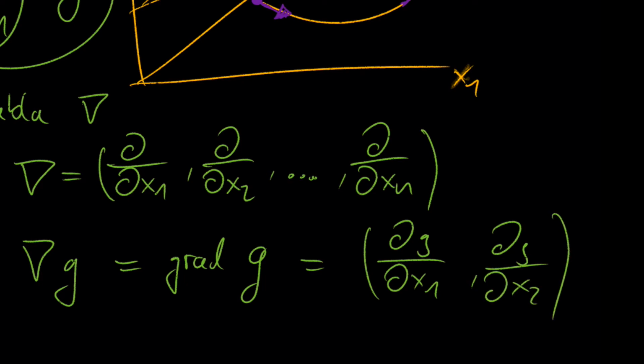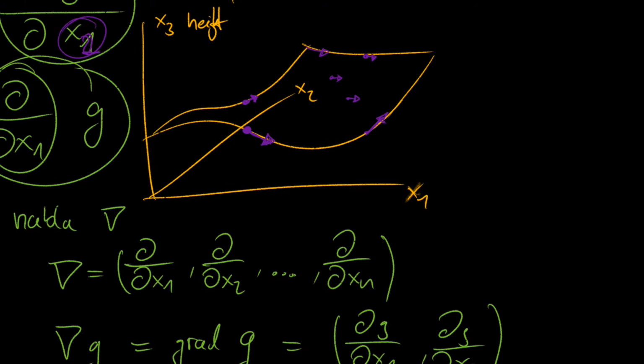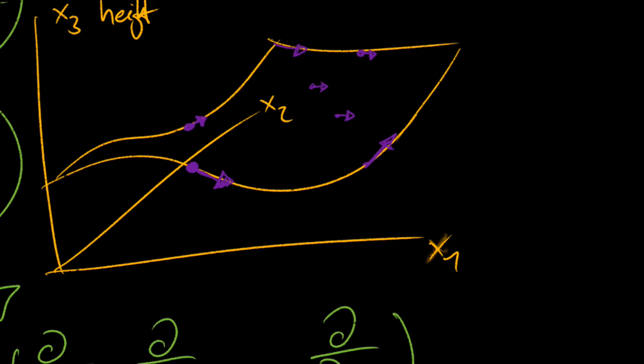And now what can we do with this gradient? If we apply the gradient of a function to a certain point, we can go back to our surface here. Since we now have the partial derivative in all directions, we actually get a proper vector field.